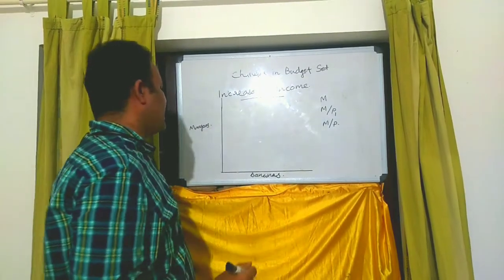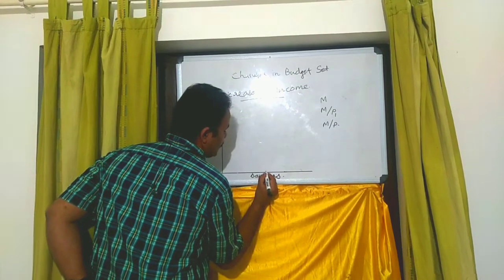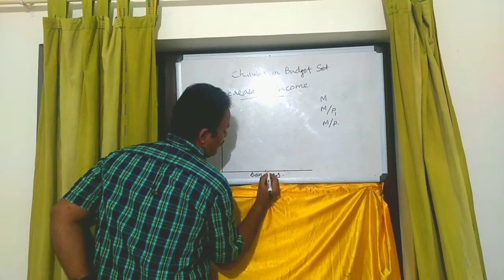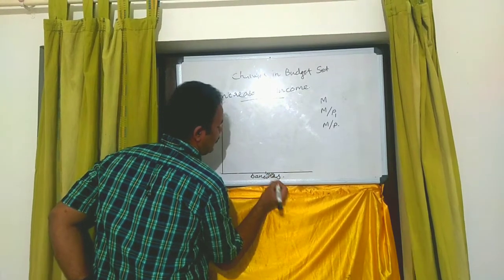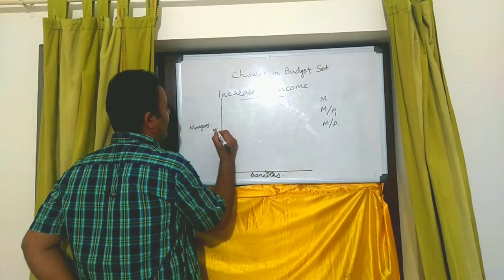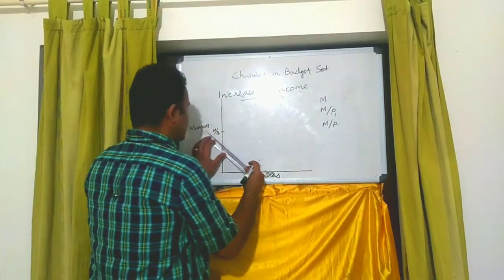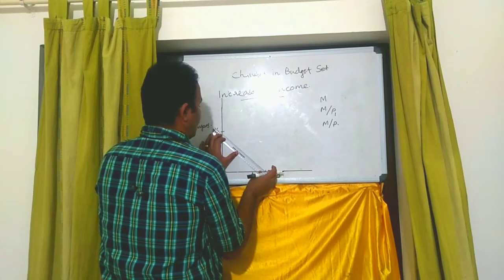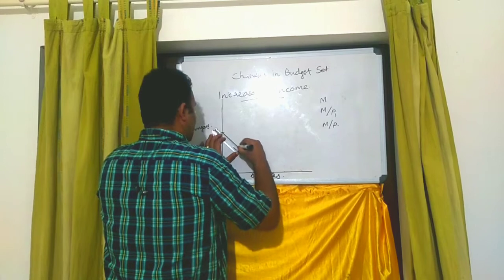Then we can draw here the initial budget line. Suppose the horizontal intercept M by P1 is here and M by P2 is here. By joining these 2 points, we will get a line that is known as budget line.